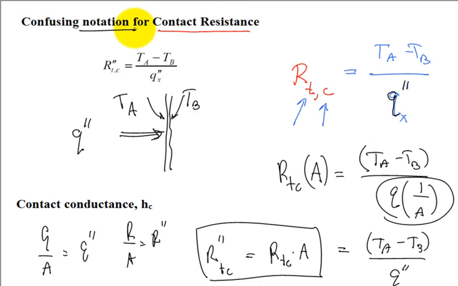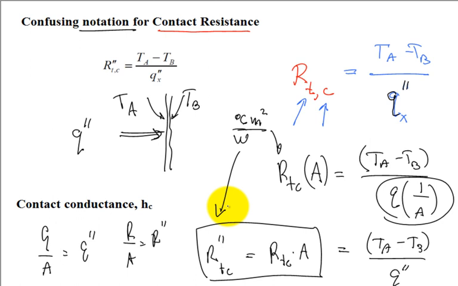Okay, let's go back and look at what are your SI units for R, thermal contact. Degrees C per watt or Kelvin per watt, is it not? If I multiply by A, don't I get meters squared, degrees C per watt? That is the unit of this term, R double prime TC.